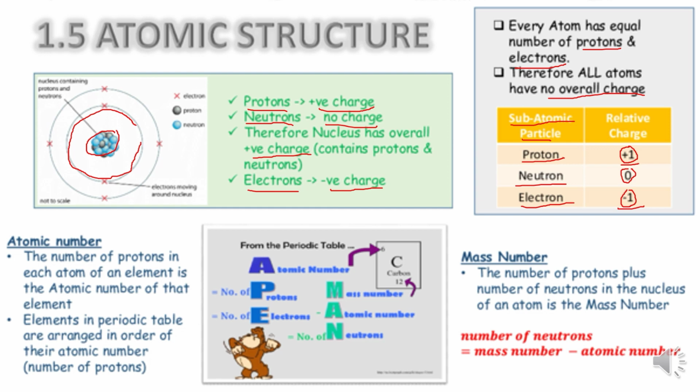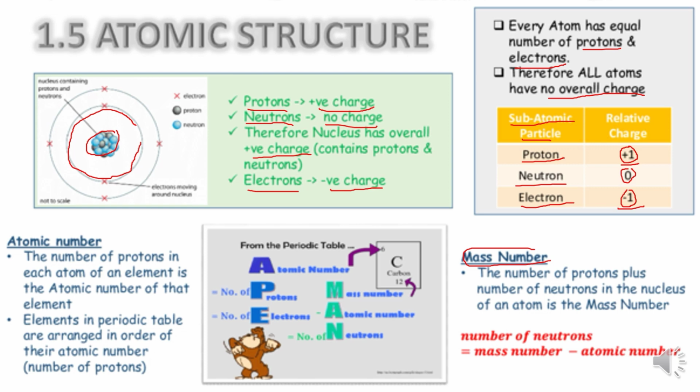As I have just mentioned, the nucleus is made up of protons and neutrons. So the sum of these two types of particles gives us what is called a mass number. So the mass number is basically the number of protons plus the number of neutrons in the nucleus of an atom.